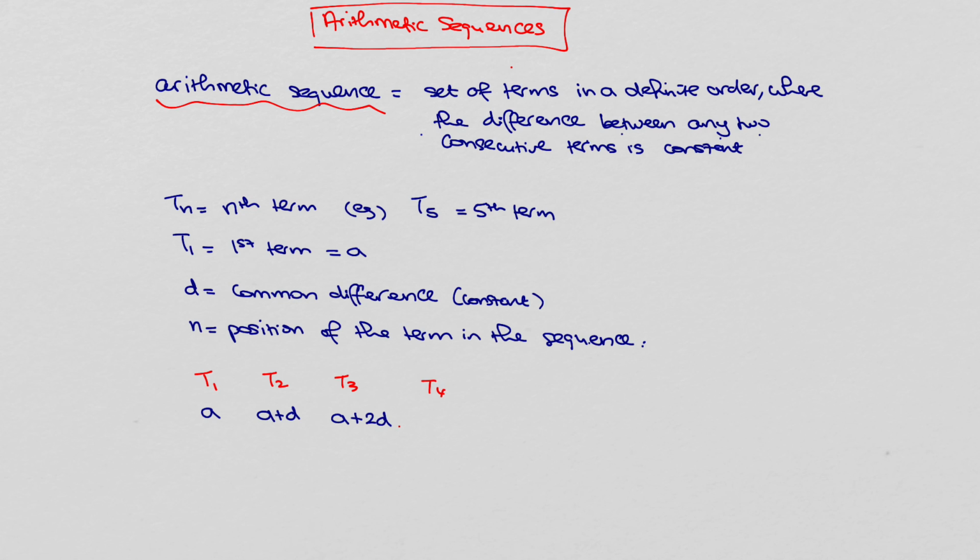If we're looking at the fourth term, it would be a plus d plus d plus d, in other words, 3d. And obviously then, if we go all the way up to the last term in the sequence, you can see the number in front of d is always 1 less than the term position. So therefore it's a plus n minus 1 times d.